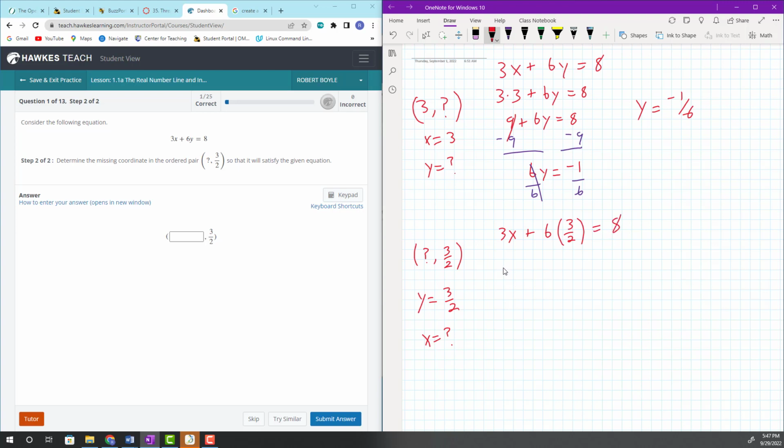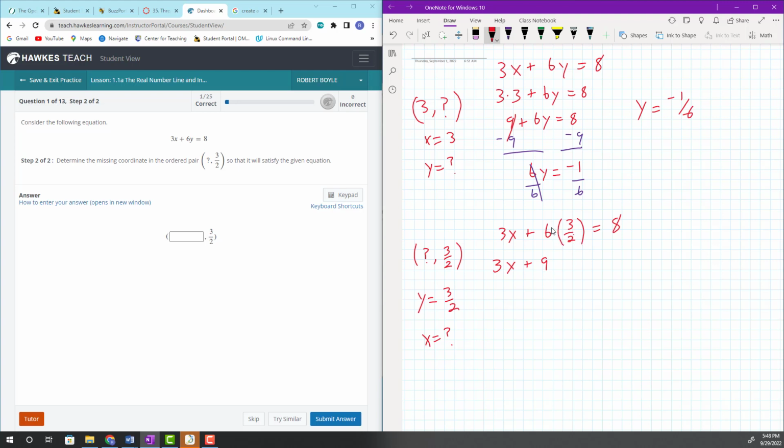Now we can simplify this using a procedure that I've used before. This is going to be 6 divided by 2, which is 3, times 3, which will give you 9. So this is going to be 3x plus 9. Once again, 6 divided by 2 will give you 3, and then 3 times 3 is 9.